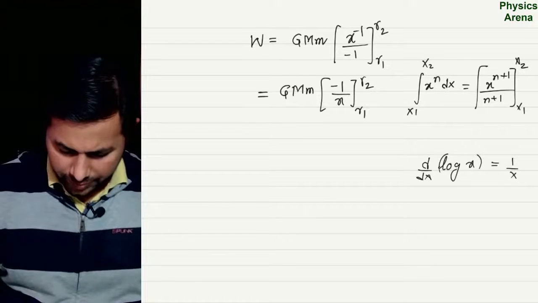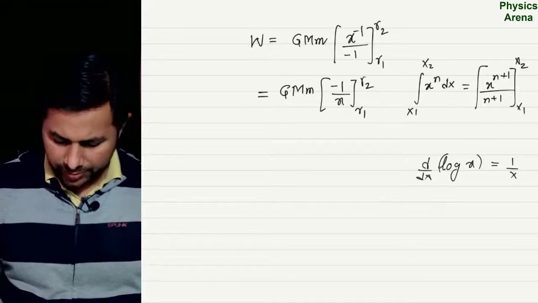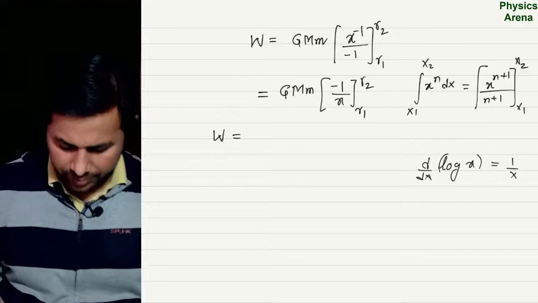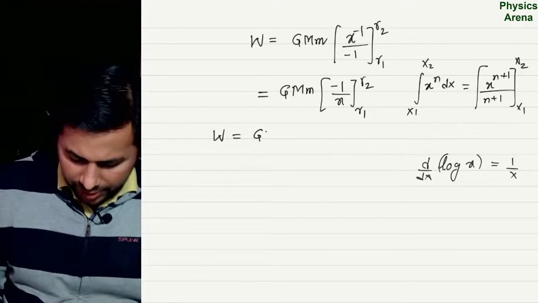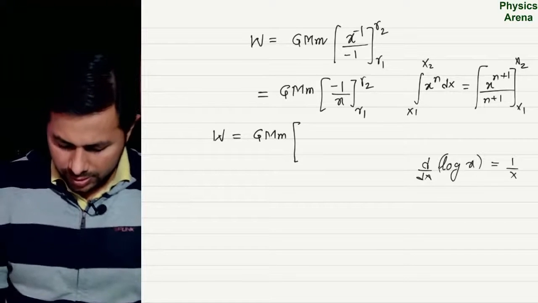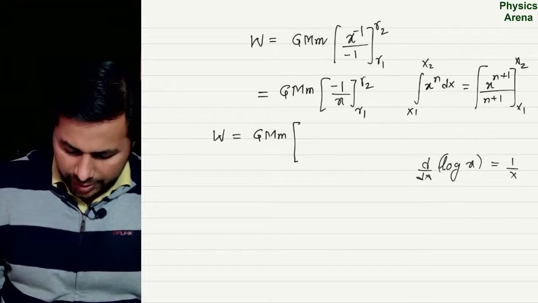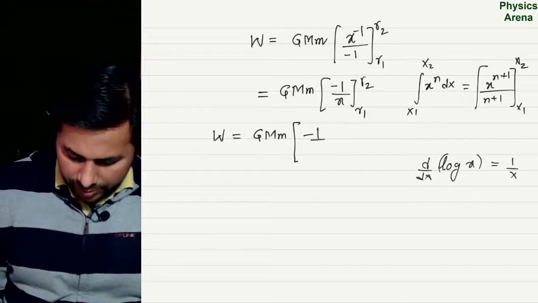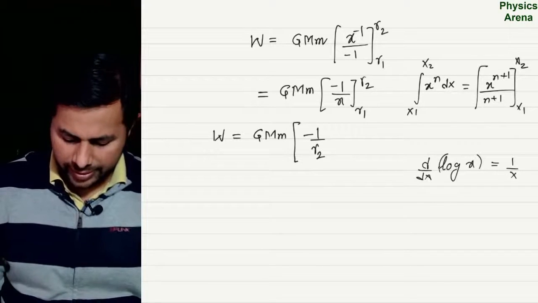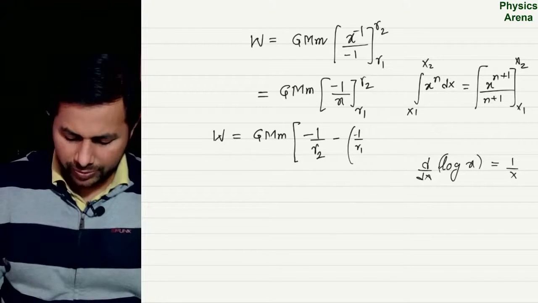So now let's substitute R2 and R1. So we get work done equals to what? GMm multiplied by this thing. If we substitute the upper limit, it's minus 1 over R2, and then minus 1 over minus 1 over R1.